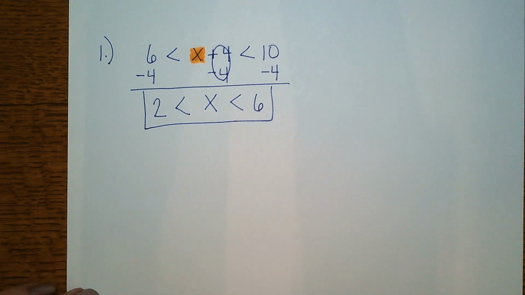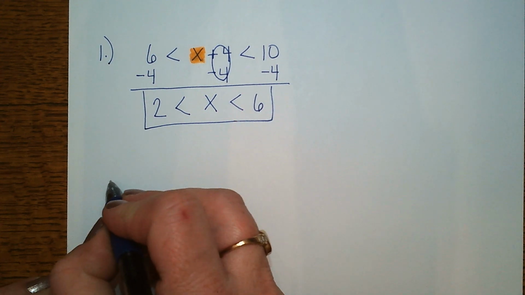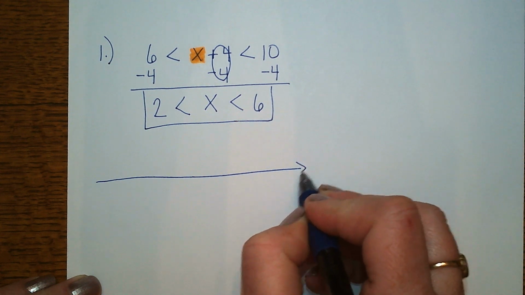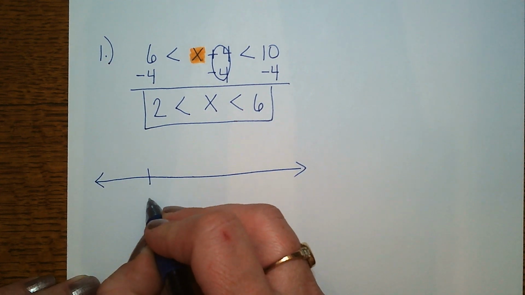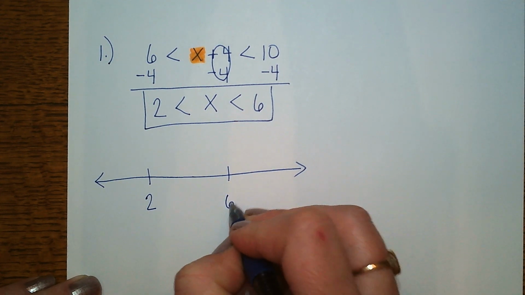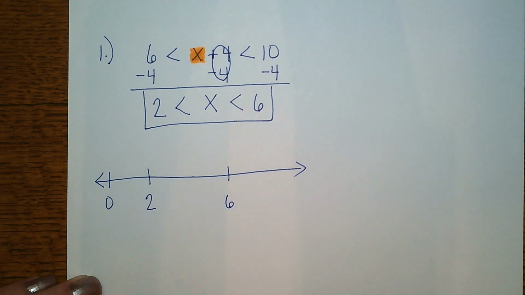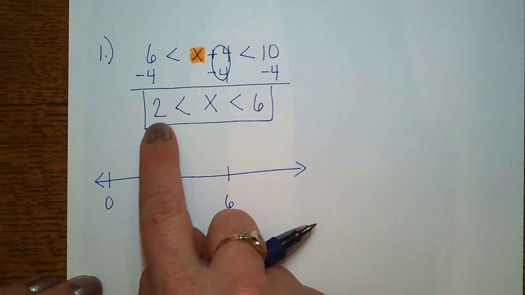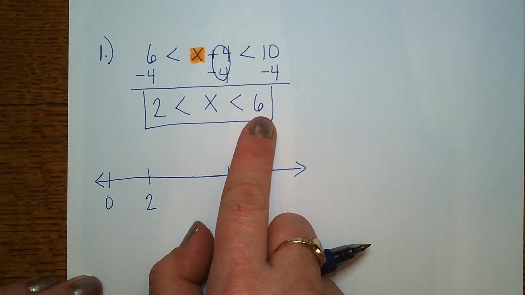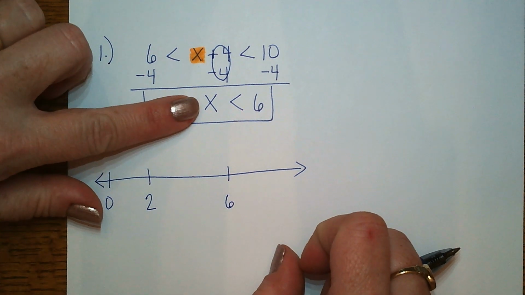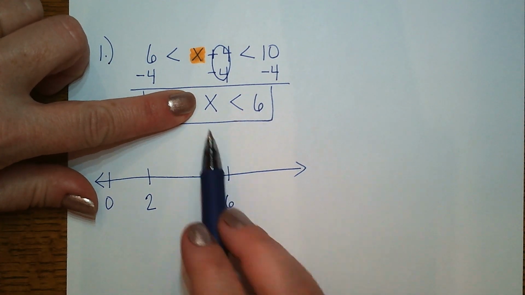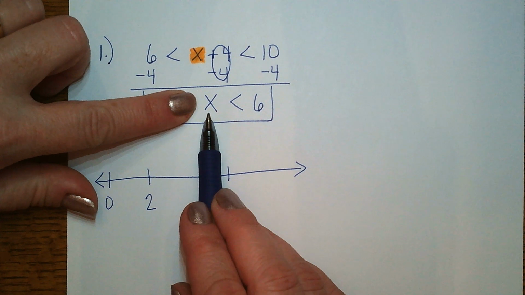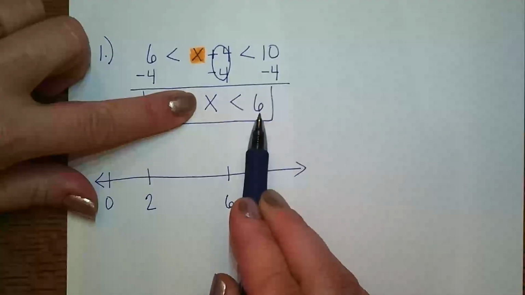Now, just like with any inequality, we are going to graph this compound inequality. And I'm going to put a 0 down here just as a reference point. This inequality says 2 less than x less than 6. So I'm going to cover up this half of my inequality, and I'm going to say, well, what does this say? This says x is less than 6.